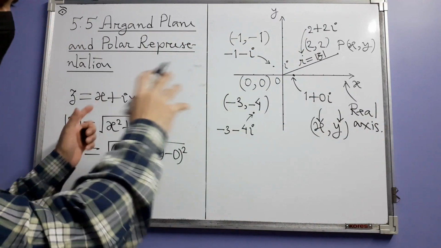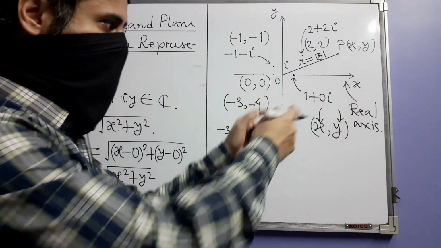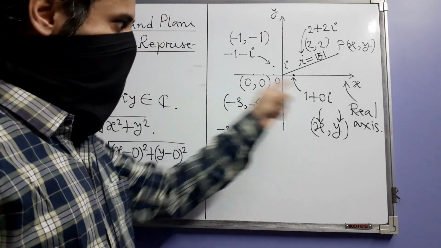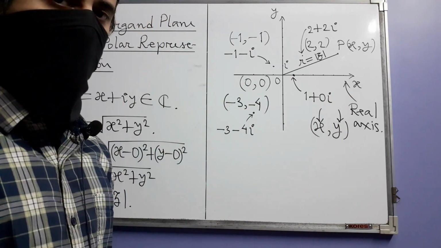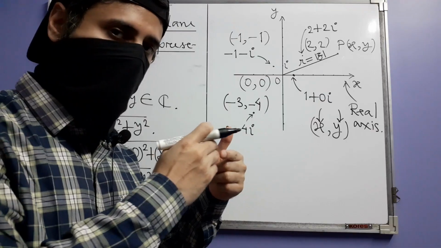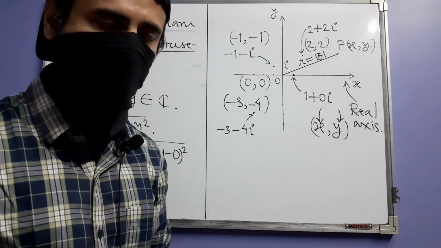In the context of this association between complex numbers and points in the plane, this axis is called the real axis because the real numbers make this axis.